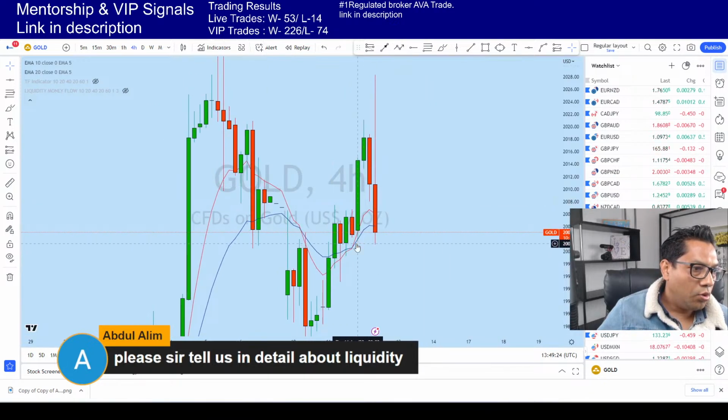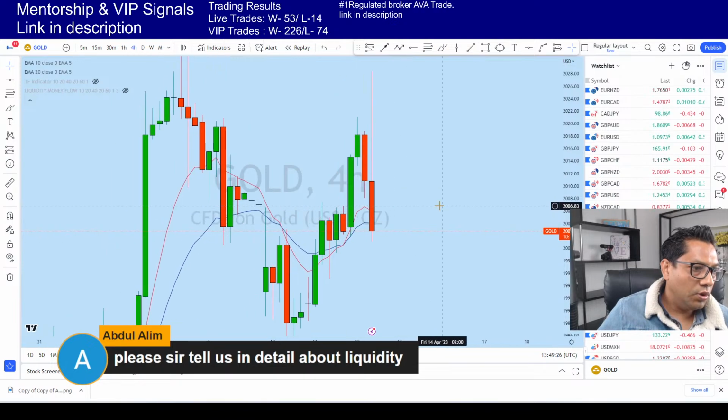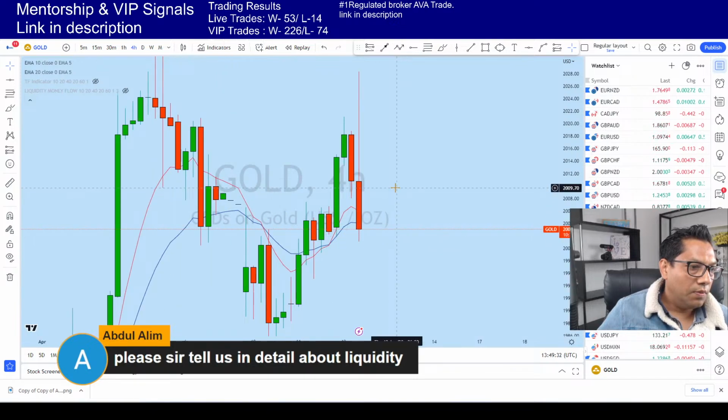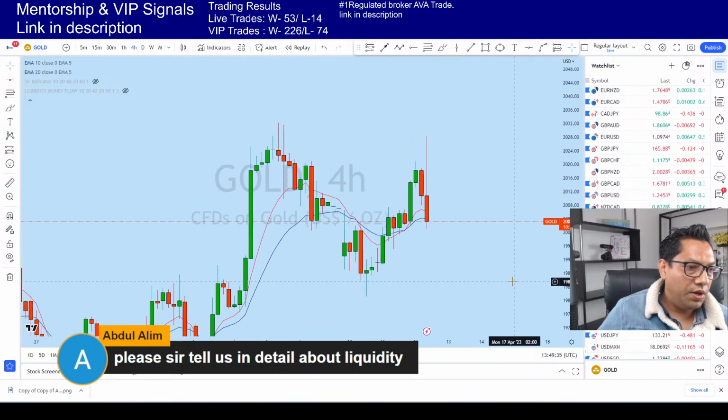So it grabbed liquidity from the support as well as from every side. This is a very important candle. So the market has a plan for a bigger move to the upside.